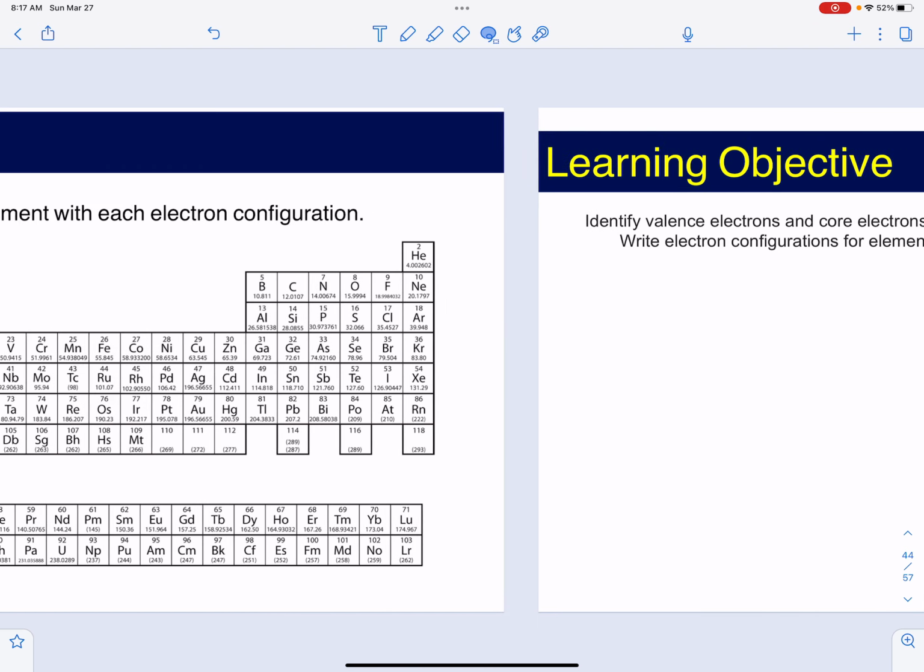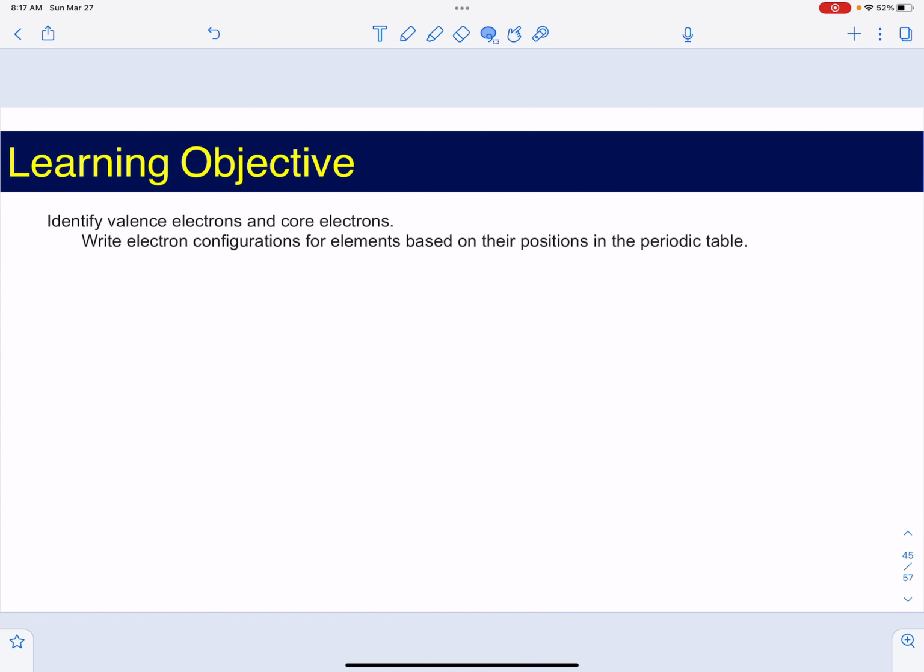And once you do that, we're going to say that we're done with this objective. So you should know by now how to identify the valence electrons. When you do the electron configuration, it's going to be the ones with the higher number. If you have 4s2 and 3d10, the valence is the 4.